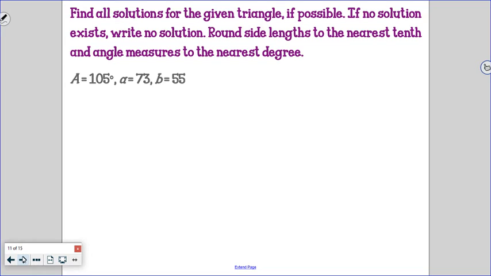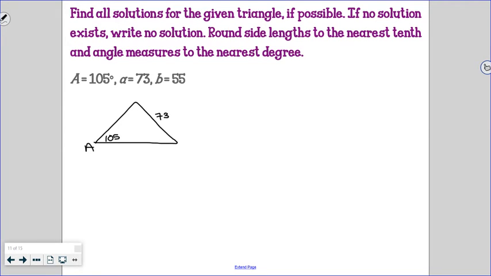Same directions. Again, start by drawing yourself a picture of what's going on. And like I said, I draw mine the same way, so I know that it says it's a 105-degree angle. If it bothers you that I don't draw that to scale, you can draw yours to scale, that's fine. I just draw it so that I can see where things are in relationship to the others. Okay, so I've got a 105 here.